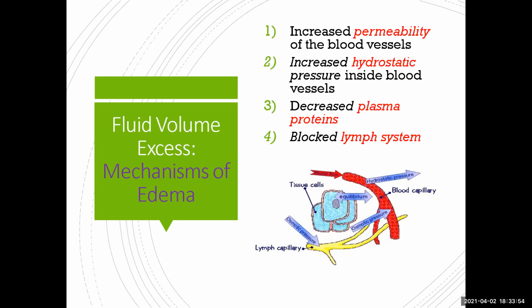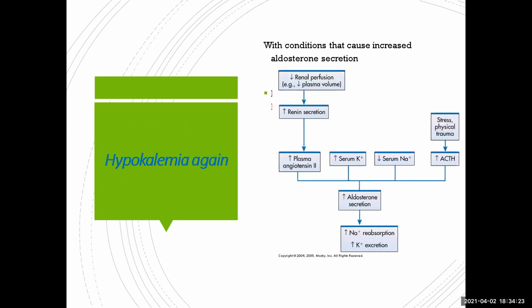So some of those are the increased permeability of the blood vessels, which we just said the fluid moves to the interstitial spaces. The increase in the hydrostatic pressure inside the blood vessel, decreased plasma proteins inside the vessels, allowing the leakage of the fluid to go out to the tissues, and blocked lymph system.